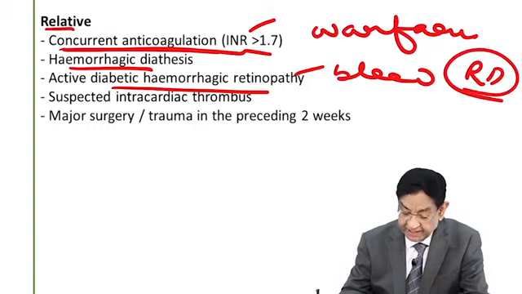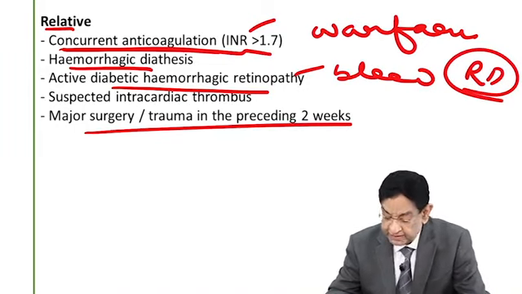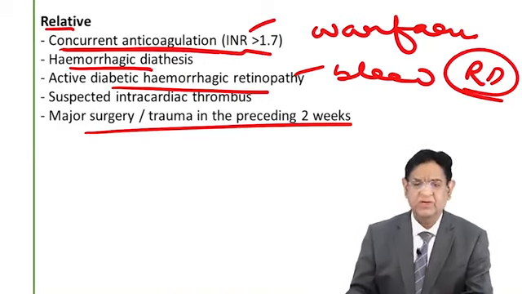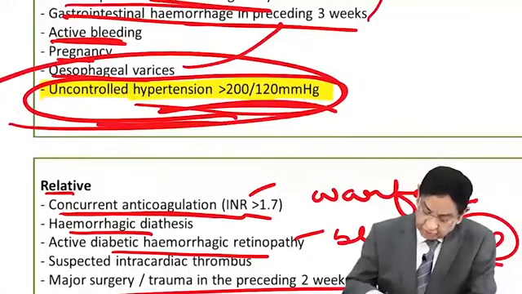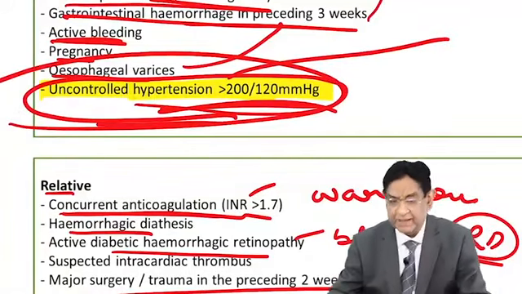Major surgery in the last 2 weeks. They are all relative contraindications. Out of all these, it is not possible to remember everything, but this is the single most important thing for the exam point of view.